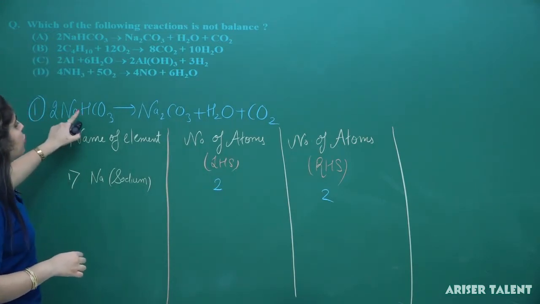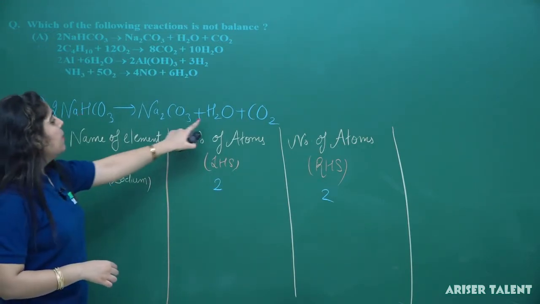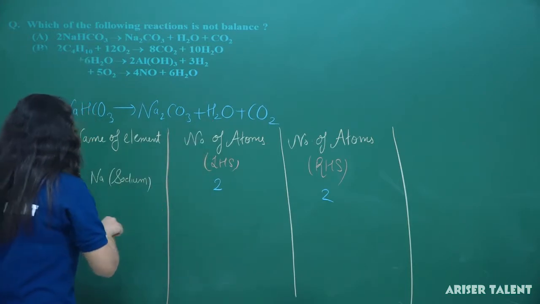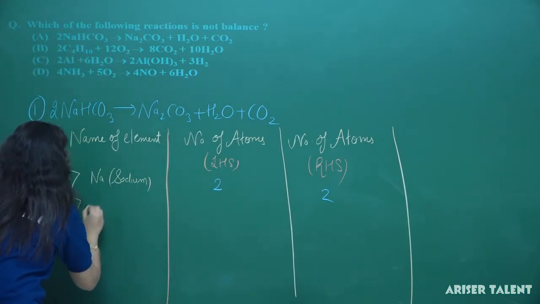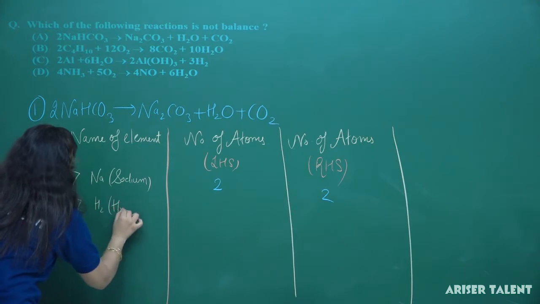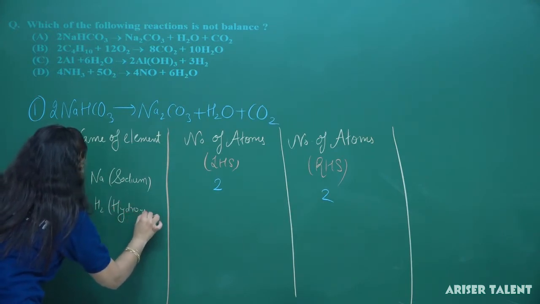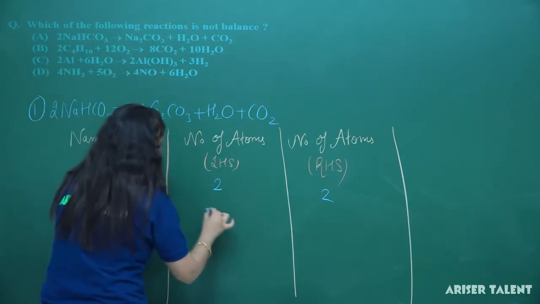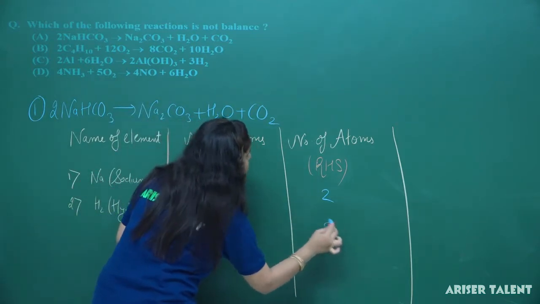Now hydrogen here is 2 and here hydrogen again 2. So H2 is hydrogen, again 2 here and 2 here.